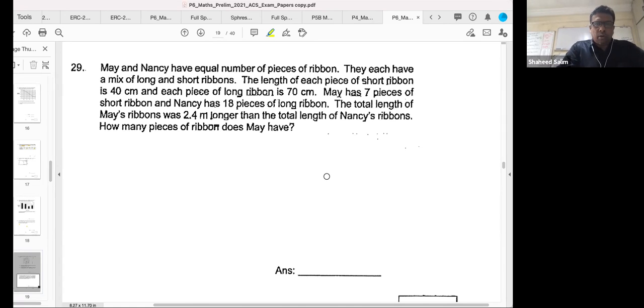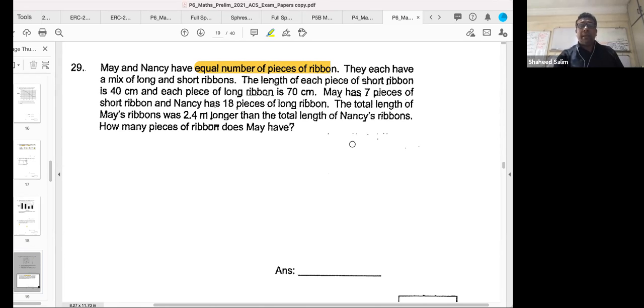There is something wrong. Oh, okay. You have to reread. I myself am getting confused by this question, but take your time, read line by line. We go through together. May and Nancy have equal numbers of ribbons. Oh, they have equal numbers. Then I thought they say May got 7 pieces, Nancy got 18 pieces.